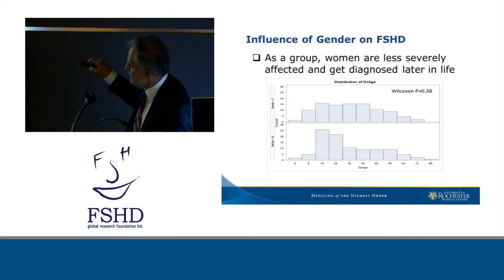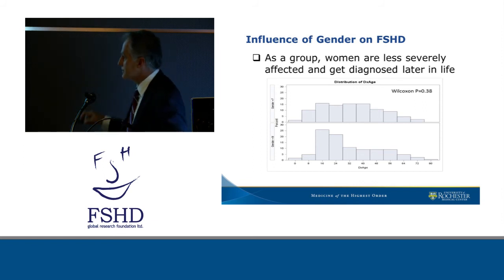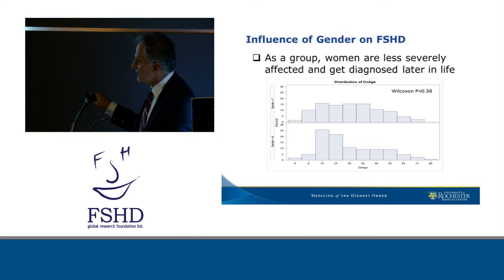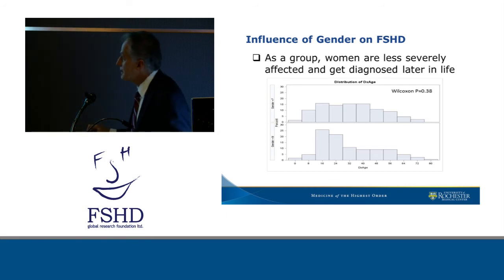Most commonly we see it in the teenage years, but it can go all the way forward into the 60s, 70s, and 80s before somebody gets diagnosed. It's much different in males, where the peak is early on between 16 and 25. Some males get diagnosed later, but there's a striking difference between males and females in that respect.